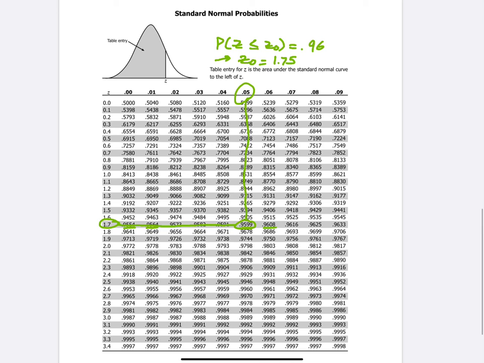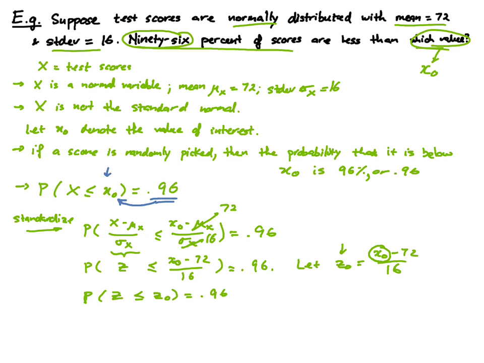So let's go back to our problem. We know that a z value of 1.75 gives us the probability that z is less than or equal to z0 of 0.96. So in order to find x sub 0, we just need to replace z sub 0 by 1.75. In other words, 1.75 is equal to x sub 0 minus 72 divided by 16.